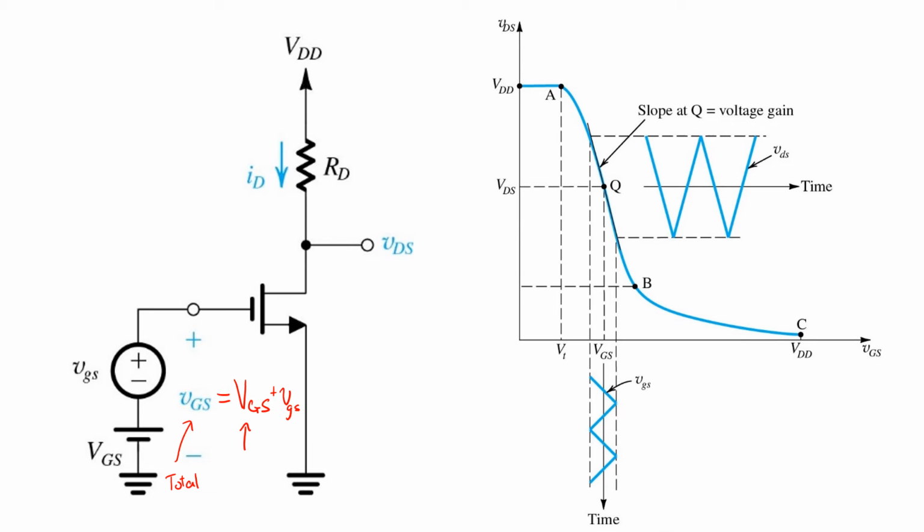So vGS total, this VGS here, all uppercase, that's the so-called DC operating point, OP for short. And then here's the all lowercase small signal superimposed on it.